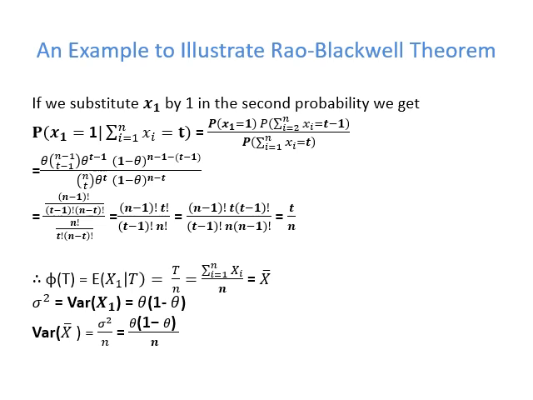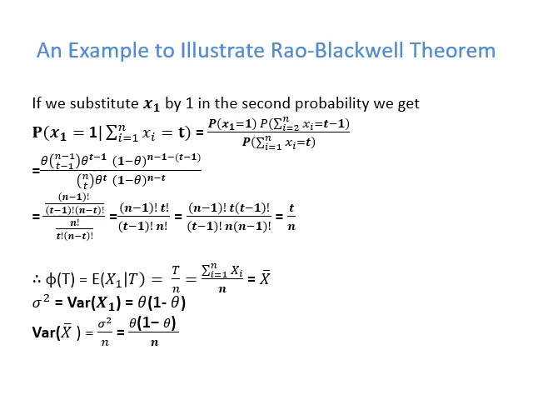So the numerator will be the probability that x1 equal 1 times the probability of summation xi from i equal 2 to n equal t minus 1, whereas in the denominator we have the same probability, summation xi from i equal 1 to n equal t.